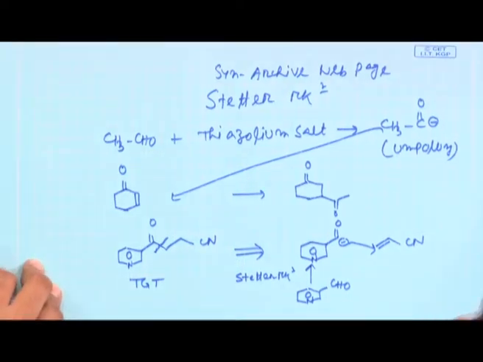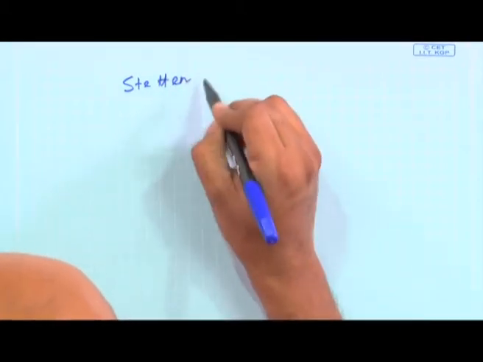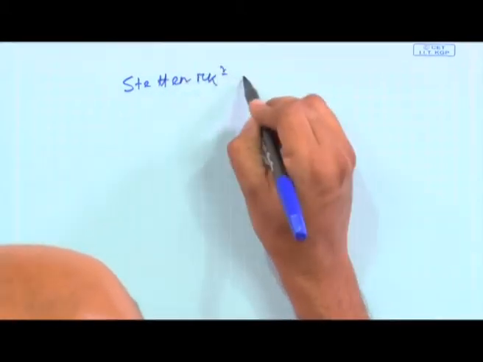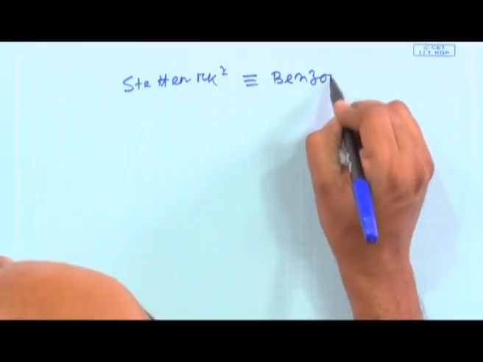Now, Stetter reaction is a very important reaction, as I said, and hopefully you will try to explore its mechanism, but from the mechanistic perspective it is similar to benzoin condensation. So, I will write it down. Stetter reaction mechanism is equivalent to benzoin condensation. That will give you a hint.